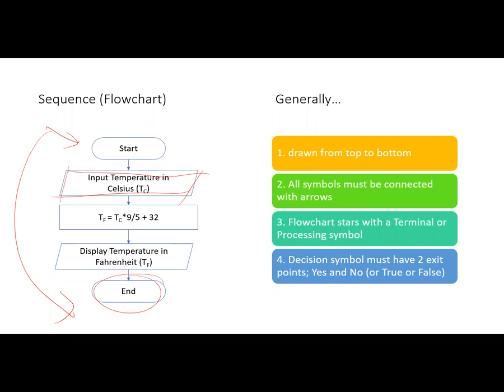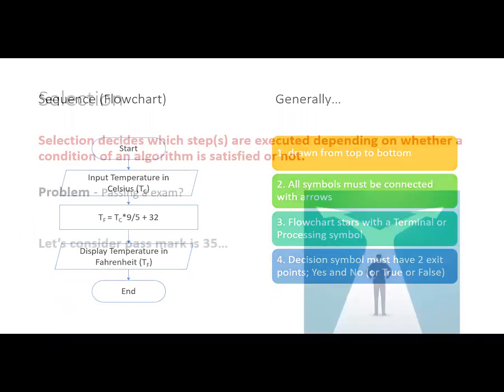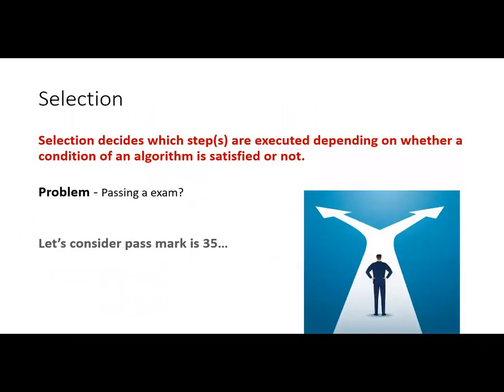We will discuss the decision symbol in the next algorithm. A decision symbol must have one entry point and two exit points. Our next control structure is selection.